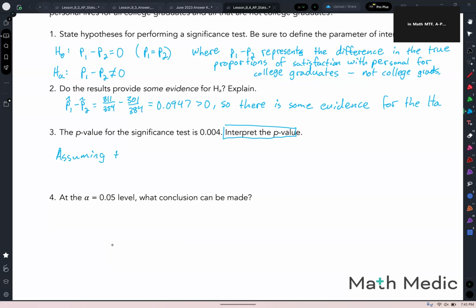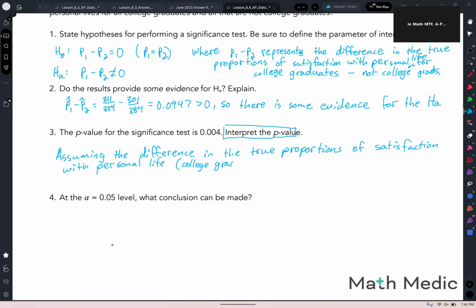So assuming the difference in the true proportions of satisfaction with personal life, college grads minus not college grads, difference is 0.